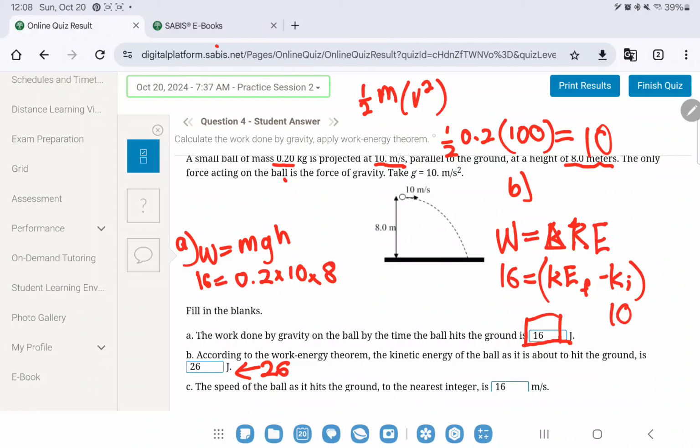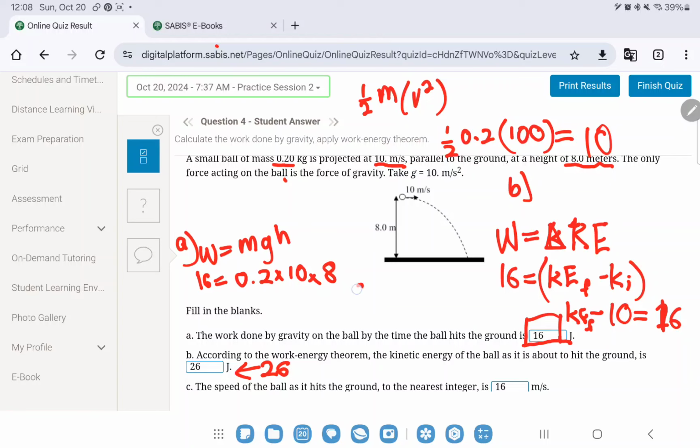We found it right now from here. And so the kinetic energy final is 26 when you do it. So kinetic energy final equals 26, equals 16, which is your work. So this is 26.